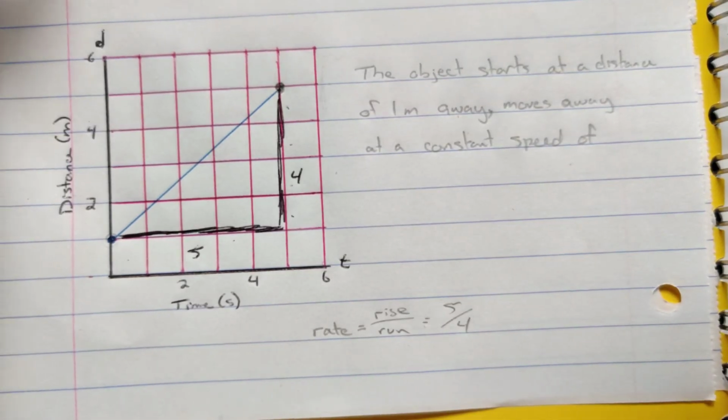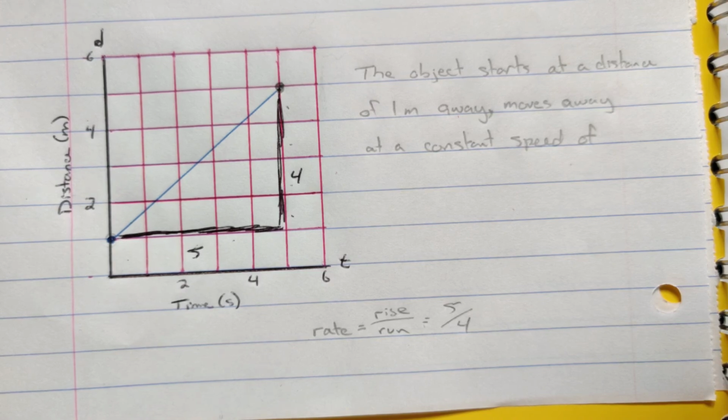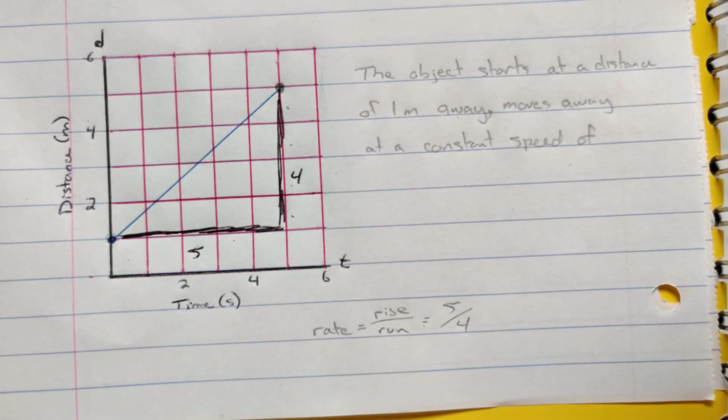Now, in the previous unit, I said we usually keep our improper fractions as they are. And in many cases, it's good to keep the rate of change as a fraction so we can count out the rise over run. But in this case, it's a speed. You wouldn't tell me that he was running at 5 over 4 meters per second. What you do is actually calculate that.